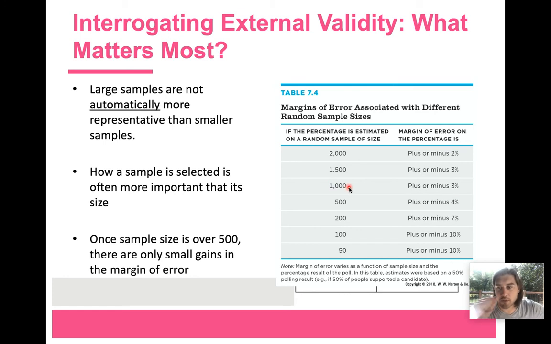It doubles the time and expenses. And so the trade-off just isn't quite there. So in general, a sample of around 500 is a good place to be in these kinds of surveys. Around 500 with unbiased representative sampling methods will give us an acceptable margin of error without overburdening the study itself.